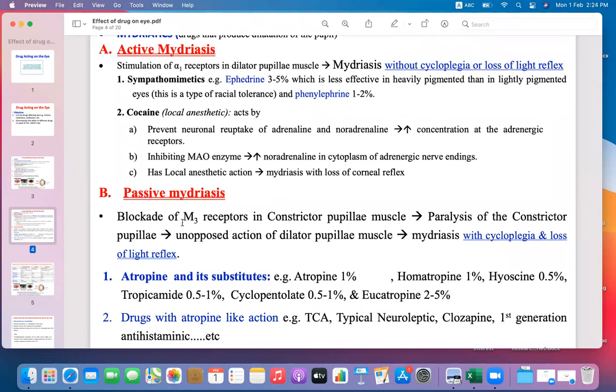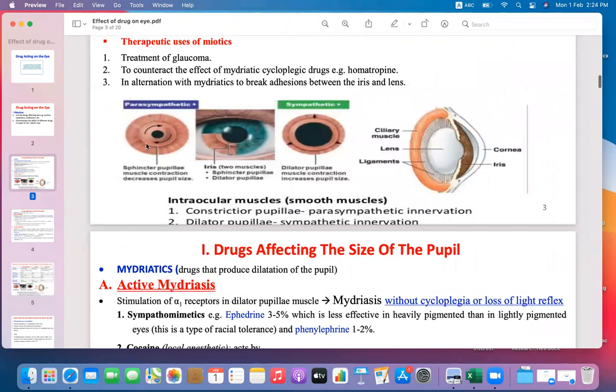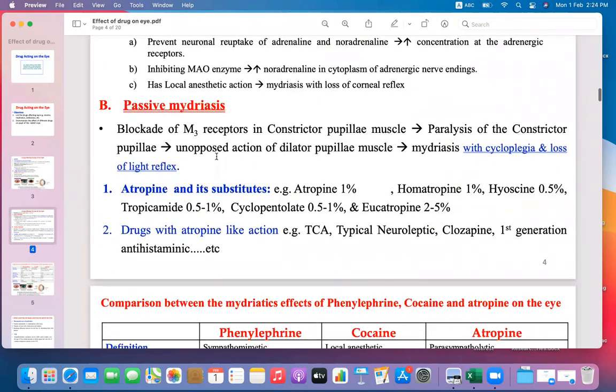These are blockage of the M3 receptor in the constrictor pupillae muscle. So same, they block this receptor. Mydriatics will block the M3 receptor here. If there is blockage of the M3 receptor in the constrictor pupillae, there is mydriasis, but with cycloplegia and with loss of light reflex.